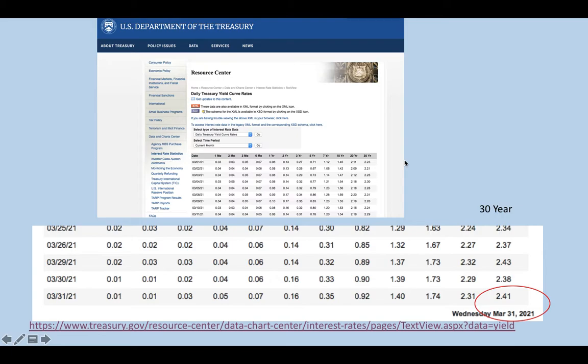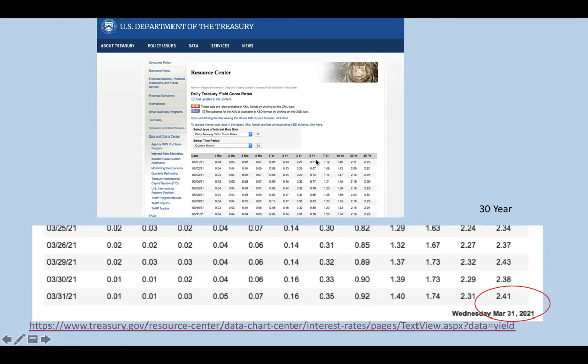The Treasury yields are quoted every day on the stock market and in the news. You can also go on this website, where those yields are updated every day.